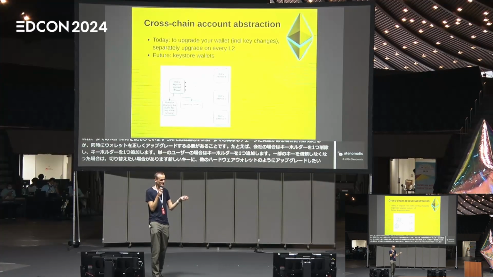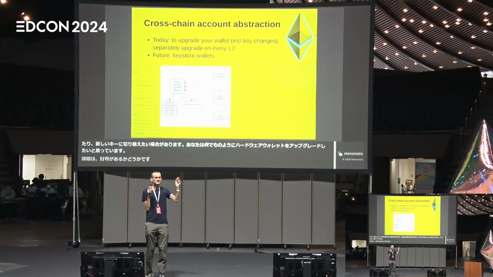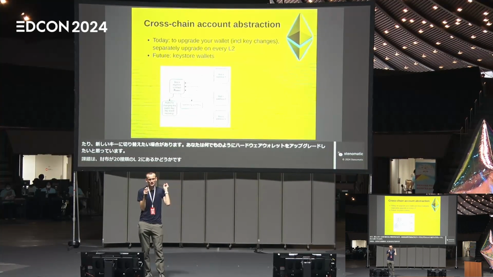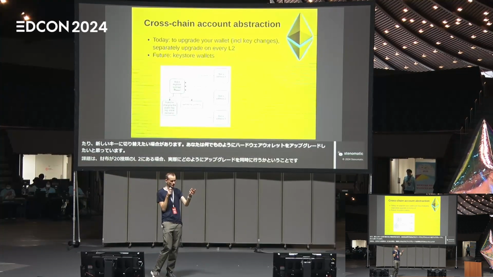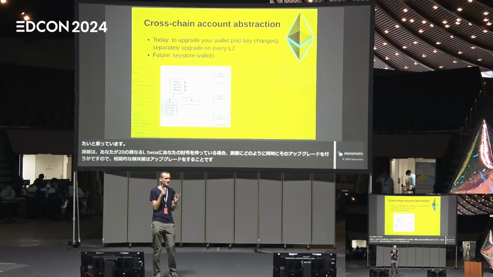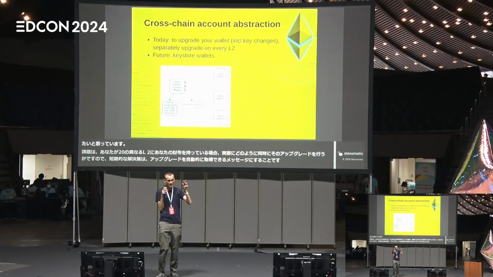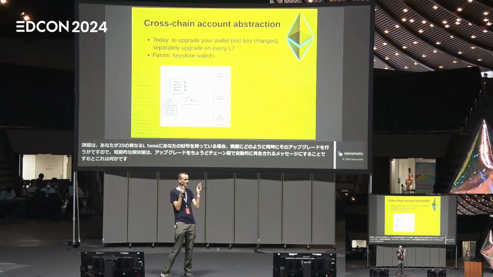The challenge is, if you have your wallet on 20 different L2s, then how do you actually do that upgrading at the same time? So the short-term solution is to make the upgrade be a message that can just get automatically replayed across chains, right? And this is something that people are already starting to do.